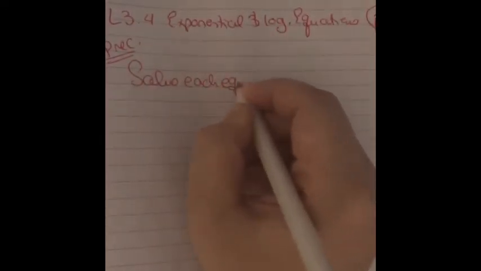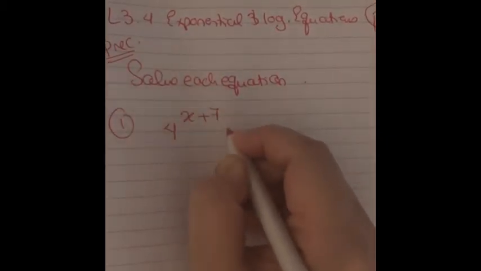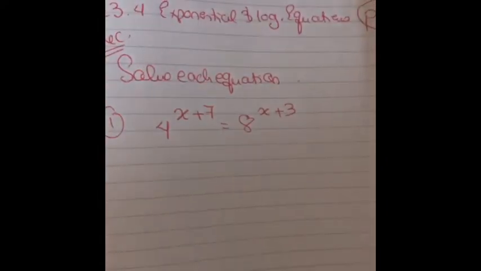Okay, in the pre-calculus, the first questions were asking us to solve each equation. So this is the most important part that used to confuse you. Solve each equation. For example, number 1, 4 to the power of x plus 7. I don't think the very long ones would come in your test because of the time.